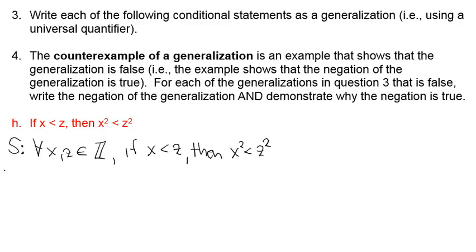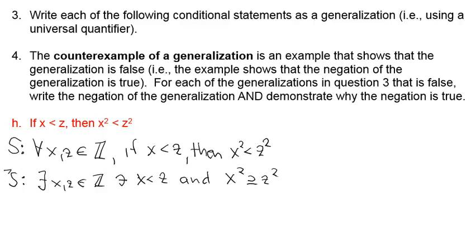The negation of S would be there exists an x and z in the integers such that p and not q, so x is less than z, and x squared is greater than or equal to z squared.